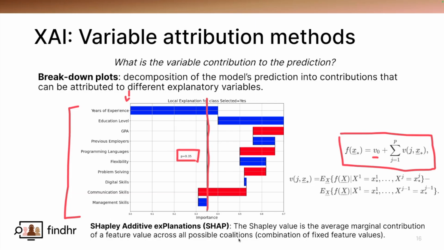The bigger it is, the more important they are for winning the game. And in this case, translating in our setting, the bigger the contribution of communication skills, programming languages, GPA, etc., the greater their importance to obtaining a certain score from the machine learning algorithm.